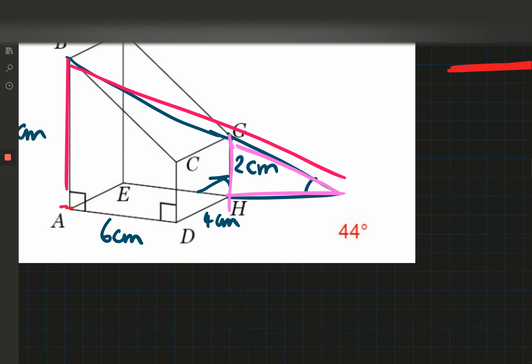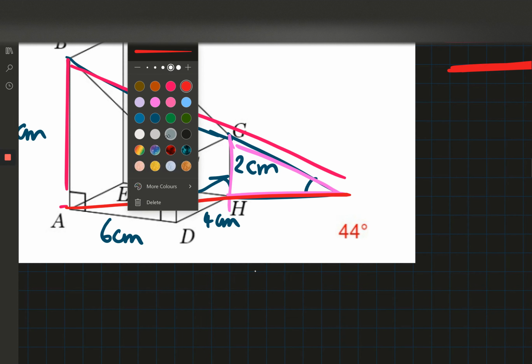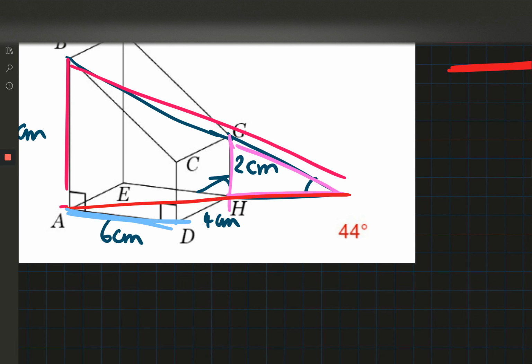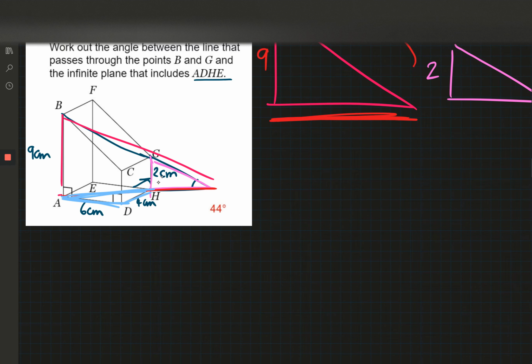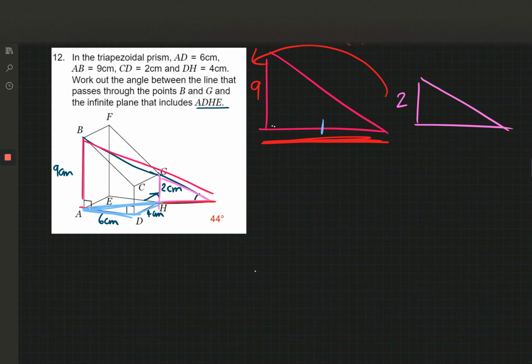We can see that if that line there goes through AH, well, then the triangle I can make here is ADH, and that's a right angle triangle. And then the hypotenuse of that triangle is going to be the length of the first part of this triangle here.